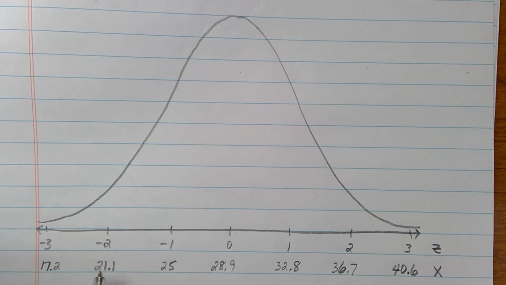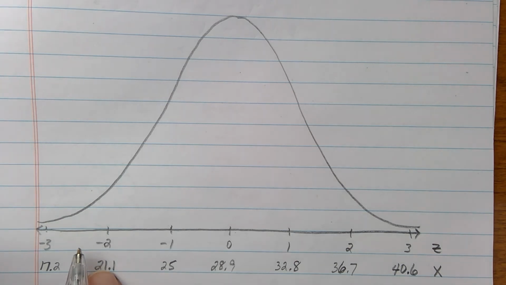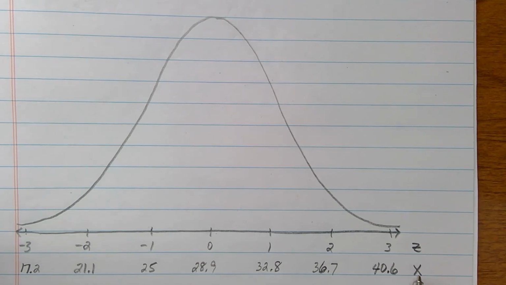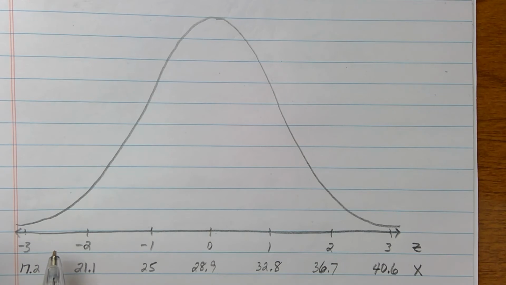Here's 17 points, here's 21 points. So 19's in between here somewhere. And we changed it just now to a z-score of negative 2.54. So a score of 19, when I'm speaking raw score, is the same as a z-score of negative 2.54.